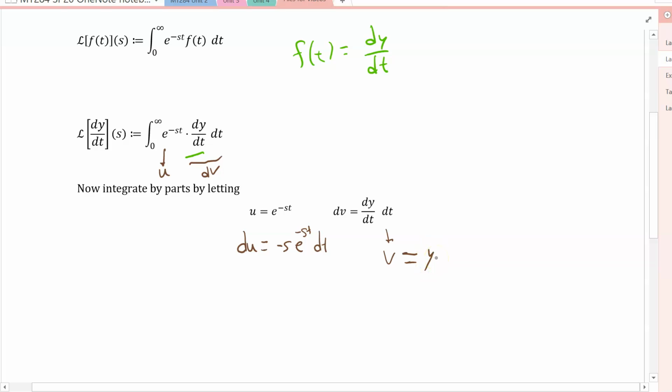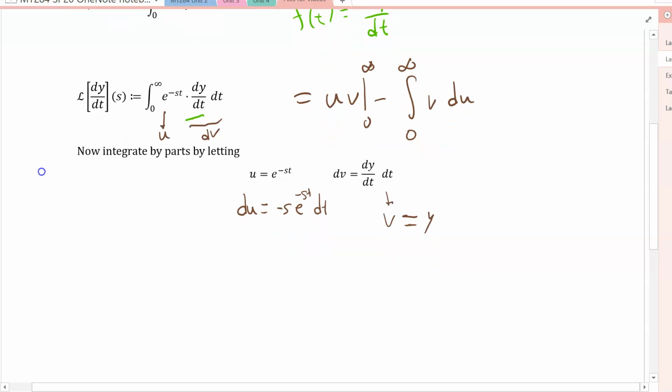Keep in mind here we're differentiating and anti-differentiating with respect to t. Now what is the integration by parts formula? If you remember, it's u times v, no derivatives, no integrals, and then minus the integral, in this case a definite integral from 0 to infinity of v du. Also we have to evaluate the u times v from 0 to infinity.